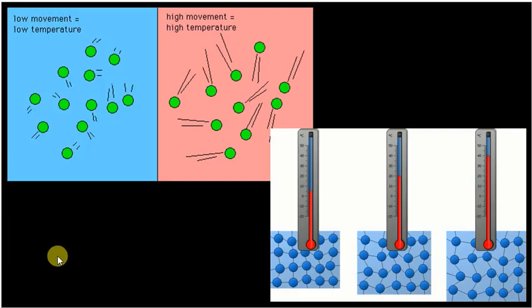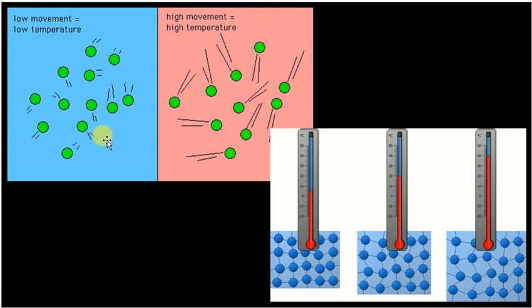In order to understand why that happens, we have to understand something about temperature. So take a look at this picture over here on the top left. We have 2 parts, the one on the left and the one on the right. In the blue, we have molecules that are at a low temperature. When molecules or atoms are at a very low temperature, what that means is that they're not moving very much.